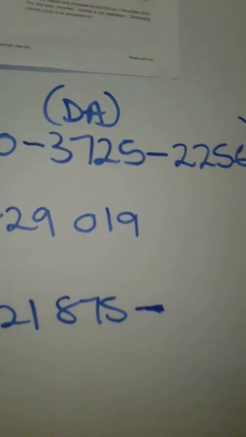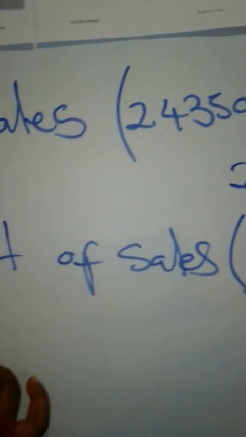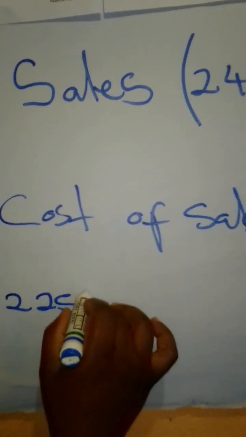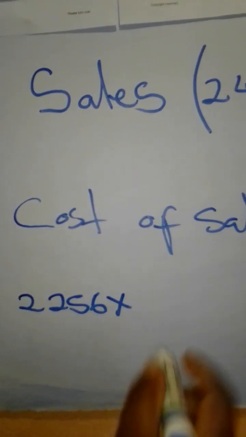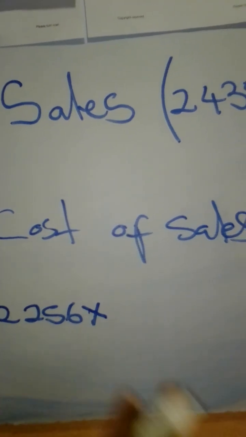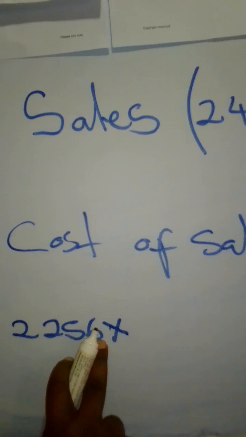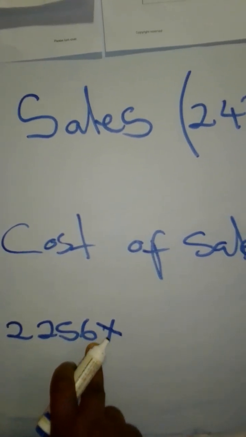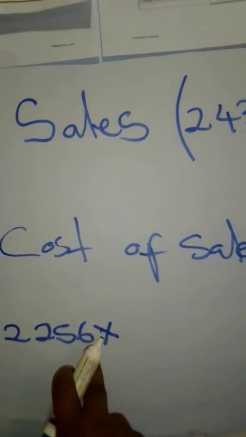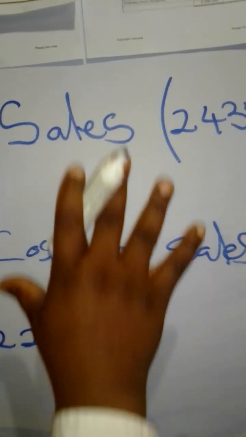So here is my calculation. I am going to say 2,256 multiplied by the markup is 60%. So in other words, we are saying that this 2,256 is including 60% markup. So in order for us to find the cost price, we are supposed to remove the 60% so that we can remain with the 100% amount.